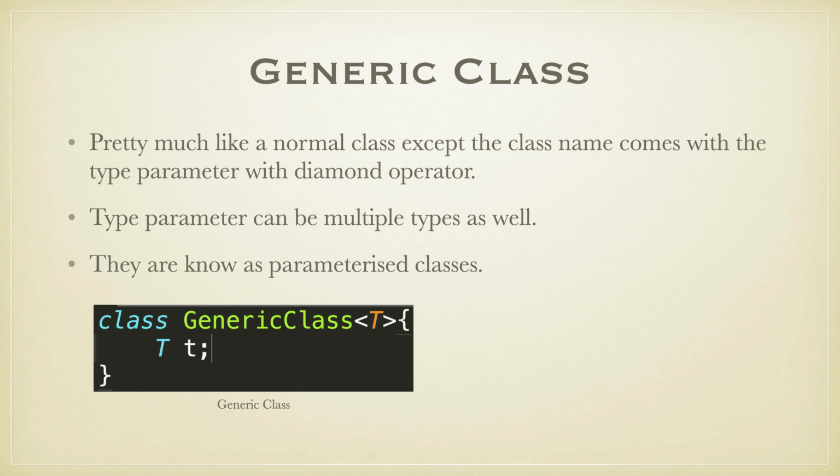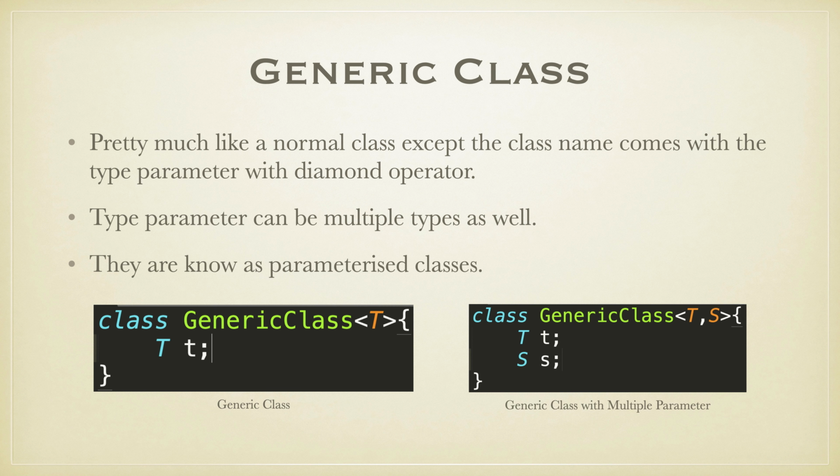So this is the simple generic class syntax with a single parameter. The generic class is just a name, and within the diamond operator you have something like T, which is a type parameter. It's not like you can provide only T there. You can provide whatever name you want. You can provide T or you can provide your own name as well. Not a problem at all.